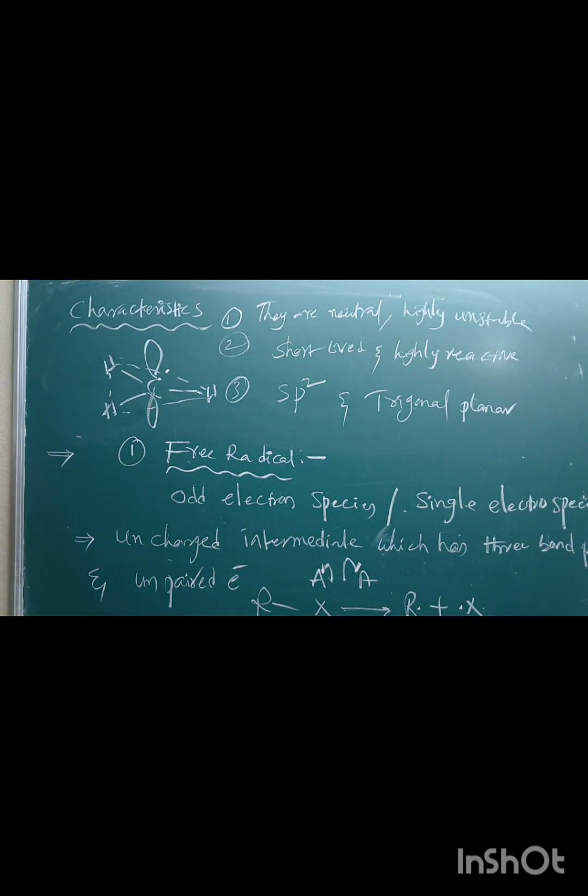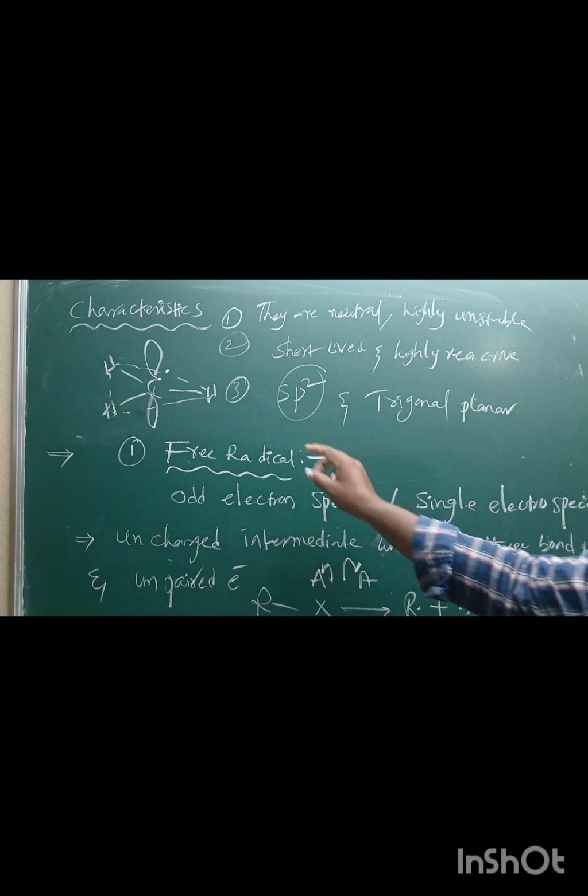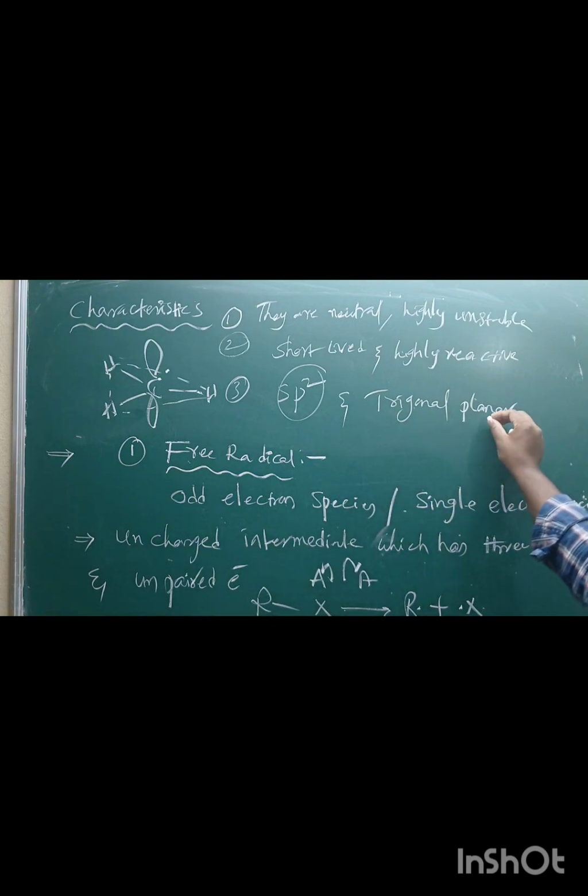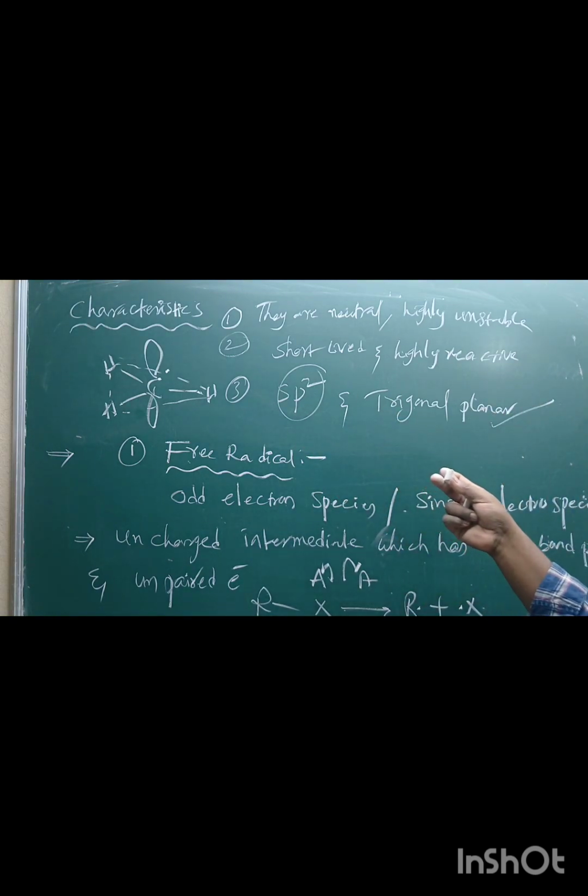The paramagnetic nature is due to the unpaired electron. The number of electrons in the outermost shell of a carbon free radical is 7 electrons. The hybridization is sp2, trigonal planar. These are the characteristics of free radicals.